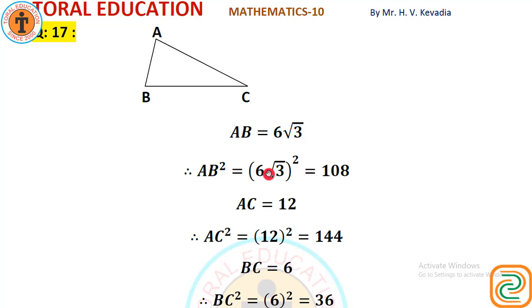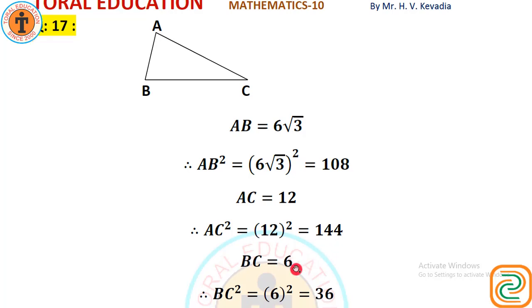AB is 6 root 3, so AB square is 108, because square of 6 is 36 and square of root 3 is 3, and 36 into 3 is 108. AC is 12, so AC square equals 144.